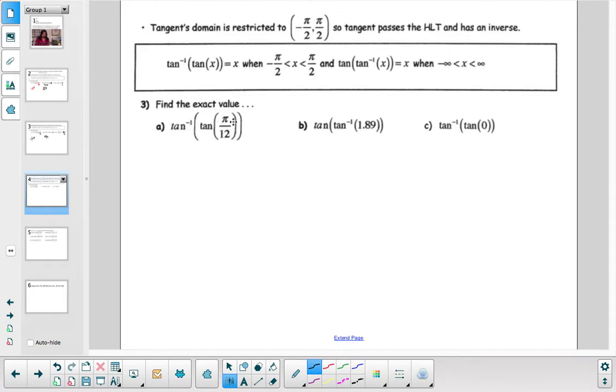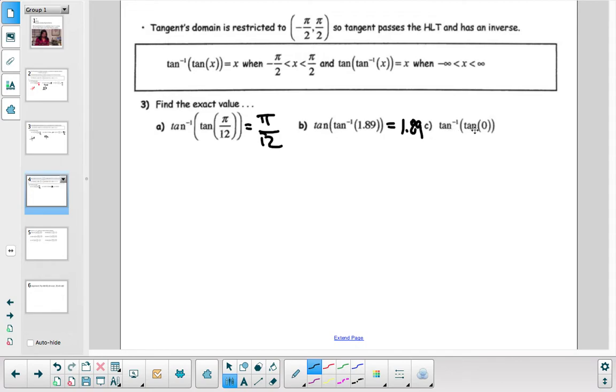Inverse tan of pi over 12. Nothing wrong here, pi over 12. This is the type that we don't have to worry too much about. Should be just fine. And all of these are nice because you can check them on your calculator and it should give you the correct answer.